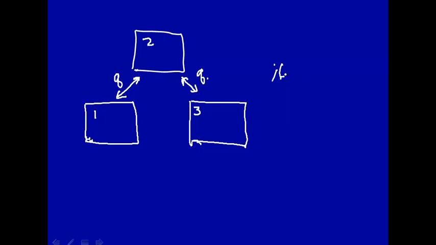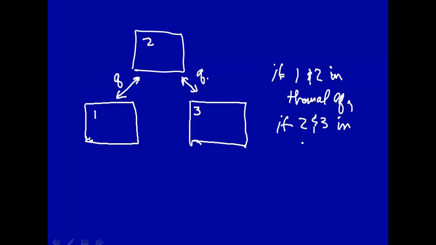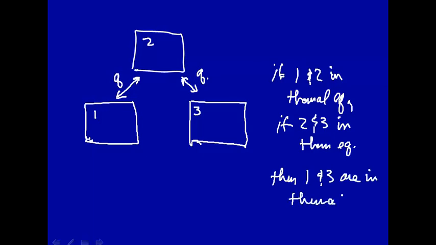So if 1 and 2 are in thermal equilibrium, what does that mean? That means that no heat is being transferred back and forth. And if systems 2 and 3 are in thermal equilibrium, no heat being transferred back and forth here, so everything is at equilibrium, then 1 and 3 are in thermal equilibrium.